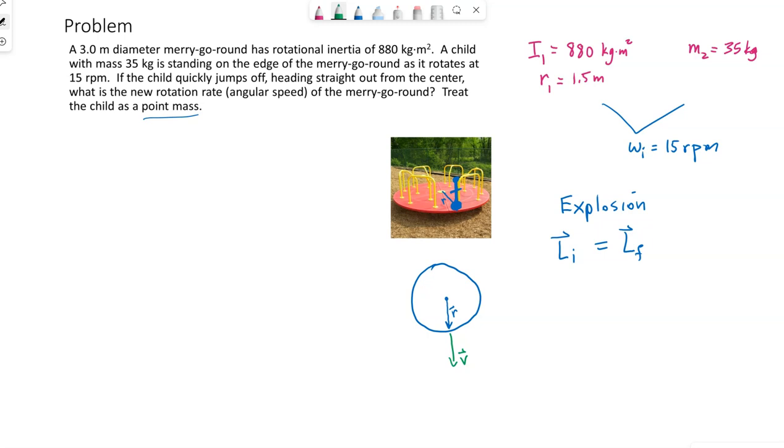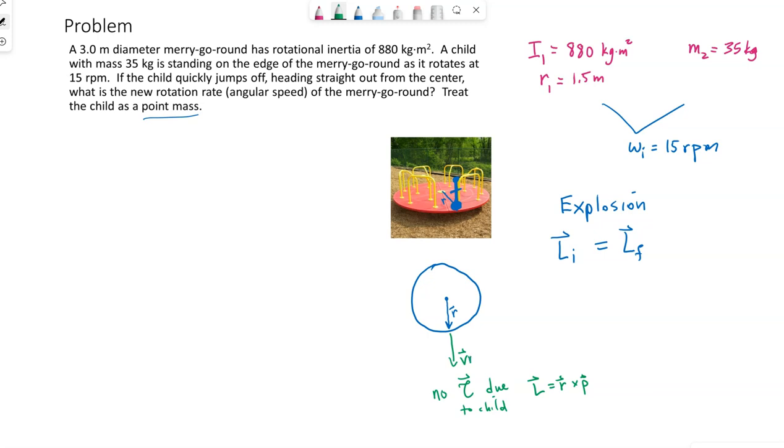And so there's no torque due to the child. If we're talking about the mass being concentrated at this point mass, we can say the angular momentum is simply R crossed with the linear momentum.